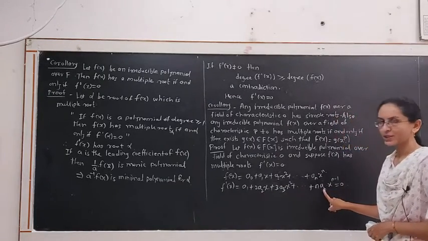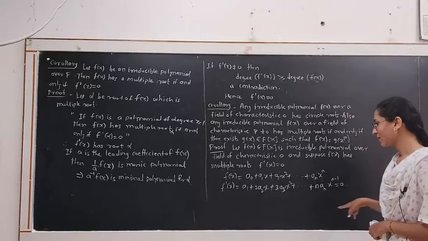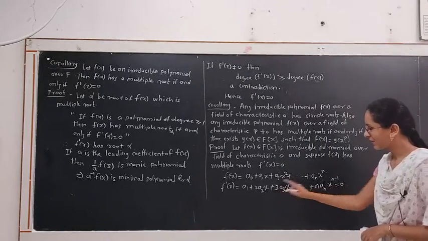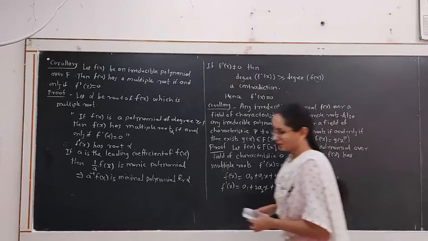This is a polynomial expression. We are comparing it with 0. Hence we compare the coefficients of x, x square, up to x raised to n minus 1 on both sides. What we get?